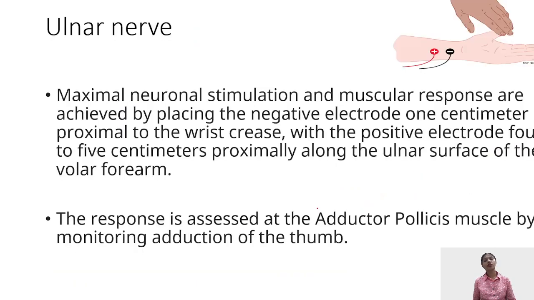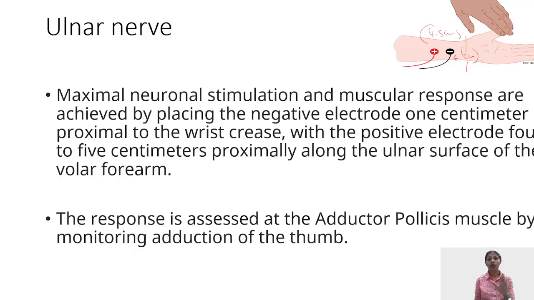Moving forward, which are the potential sites of neuromuscular monitoring? The three potential sites that you have to remember for your courses: first, ulnar nerve. In ulnar nerve, we are going to put two electrodes, one centimeter from the wrist crease, and the second around 4 to 5 centimeters away from the wrist crease.